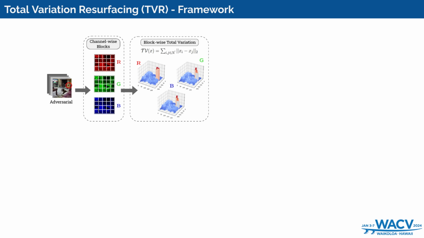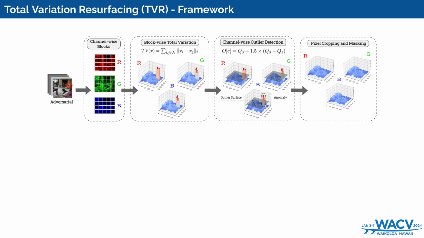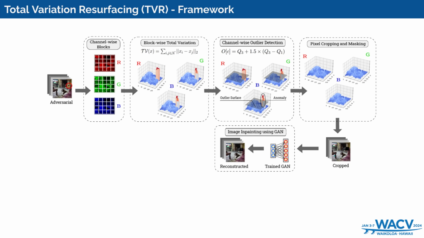Note that here each block means the neighborhood for which you have to calculate the total variation score. Then you calculate the channel-wise outlier, and based on the outlier you resurface the image, and then you get a cropped image which is then passed through a trained GAN, which is used to reconstruct the image, which is also called image inpainting.